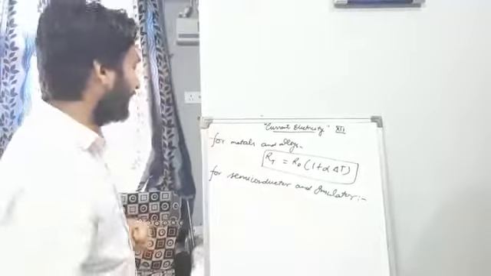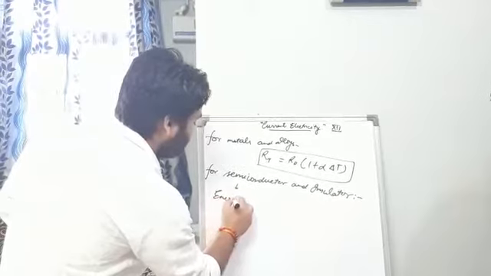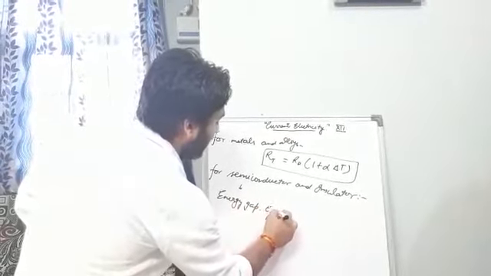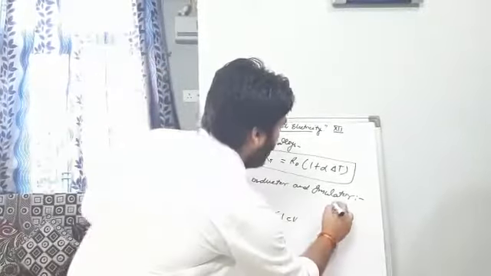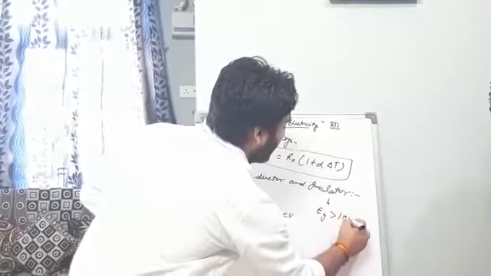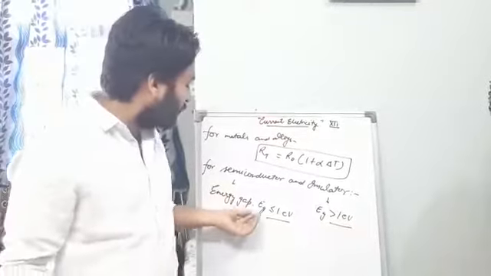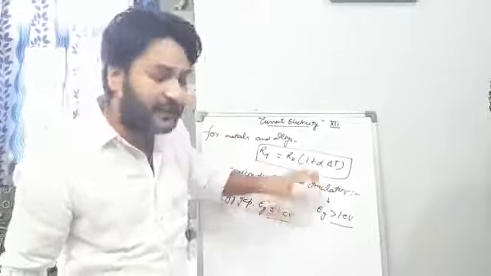The reason is that if you see the energy gap, Eg is less than or equal to 1 electron volt for semiconductor, but for insulator, Eg is greater than 1 electron volt. So it is very tough for the electron to jump from the conduction band to the valence band for the semiconductor and insulator.